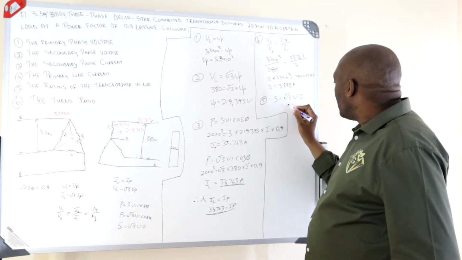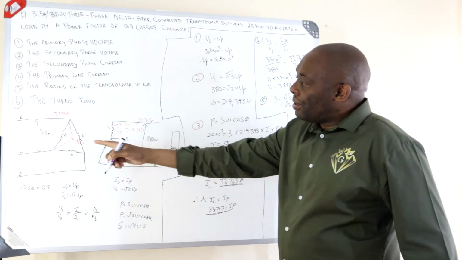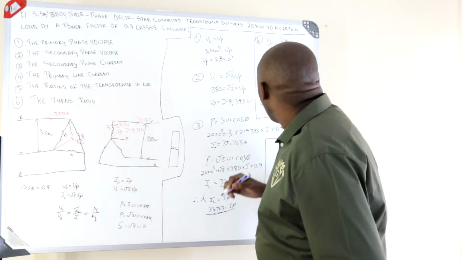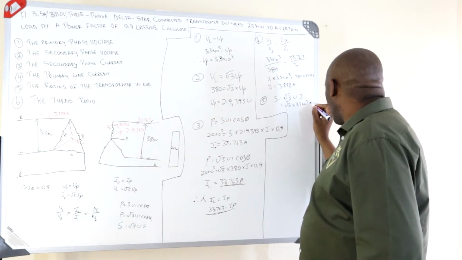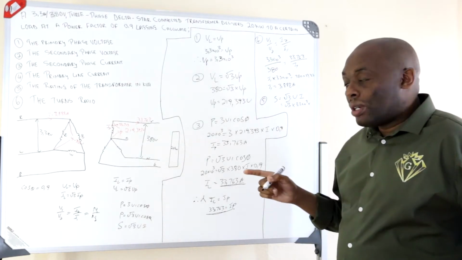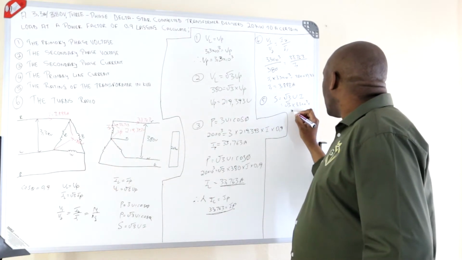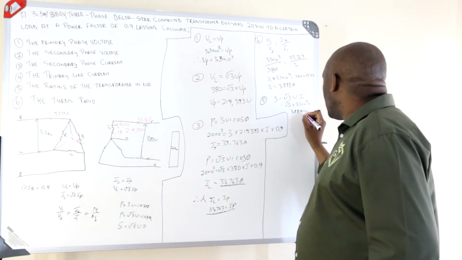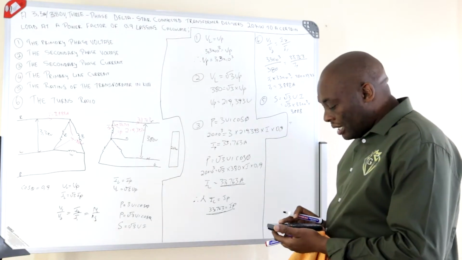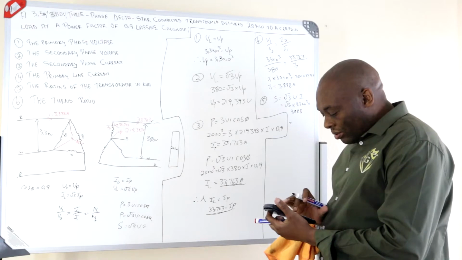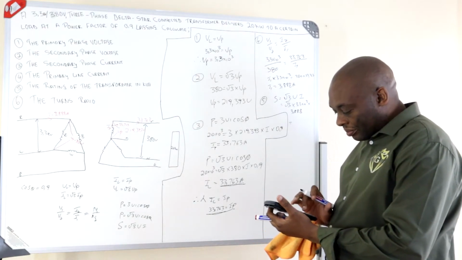It will be the square root of 3 multiplied by your V, your line quantity on the primary, which is 3.3 times 10 to the power 3, and then your line current on your primary, which is 3,888 amps.